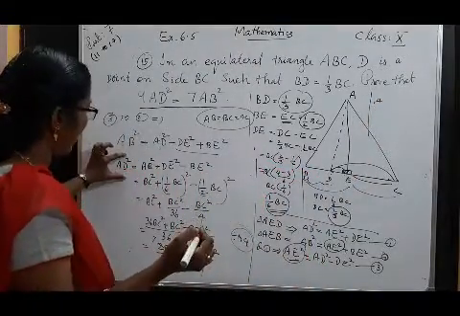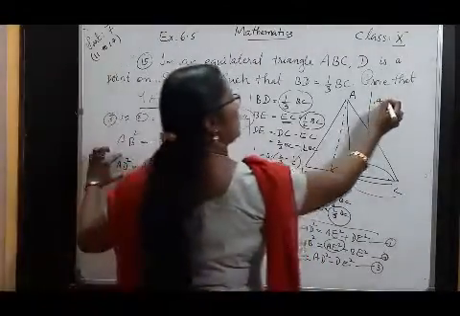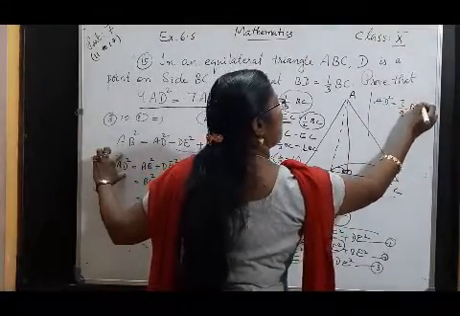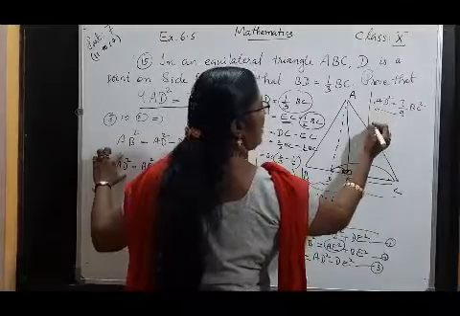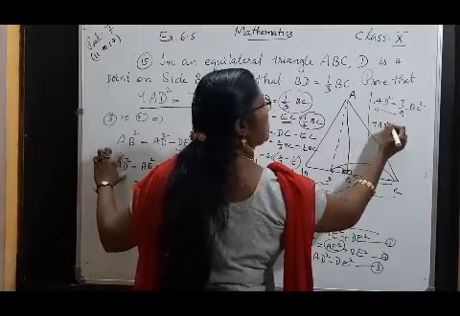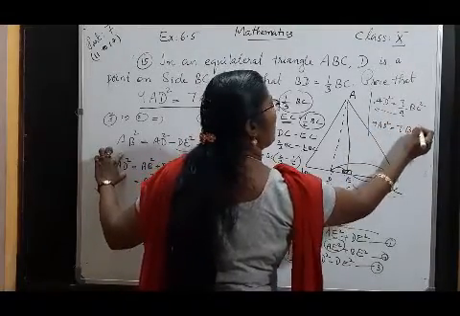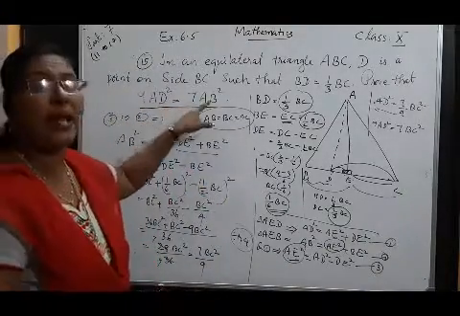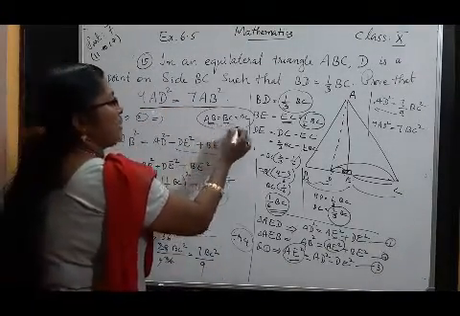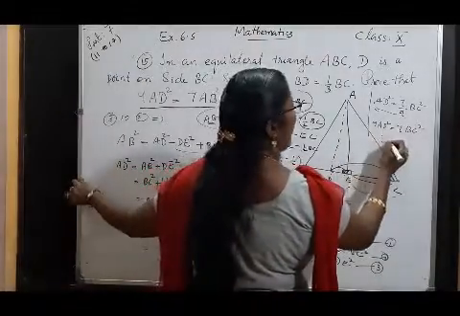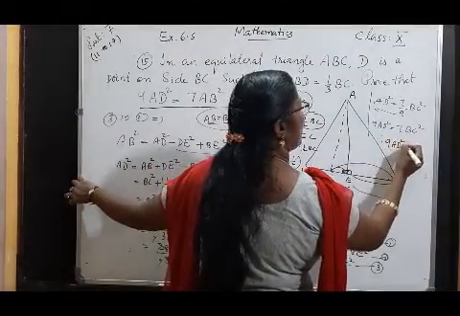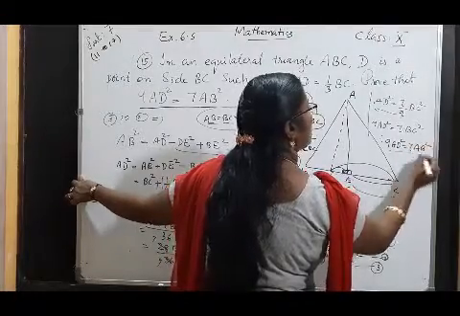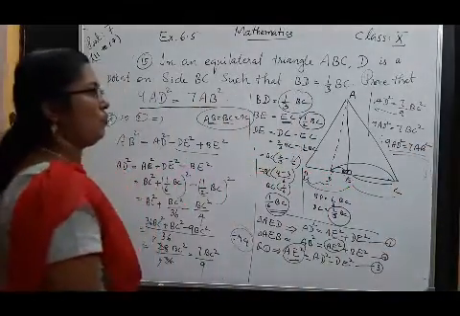Not AB square, AD square is 7 by 9 BC square. 9 on the left side. 9 AD square equals 7 BC square. We want to prove 9 AD square equals 7 AB square. Here AB and BC are equal. So we can write 9 AD square equals 7 AB square. Hence proved. Okay.